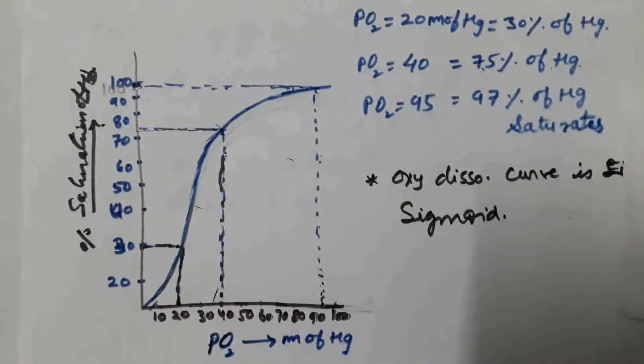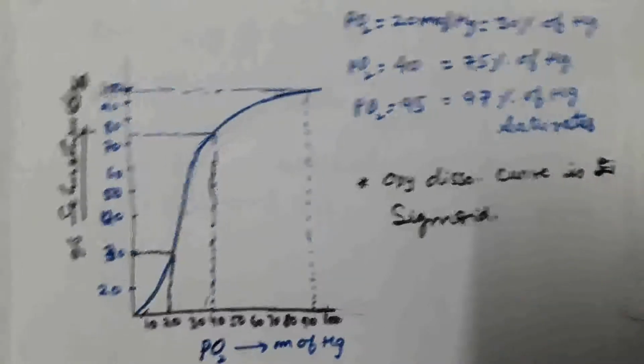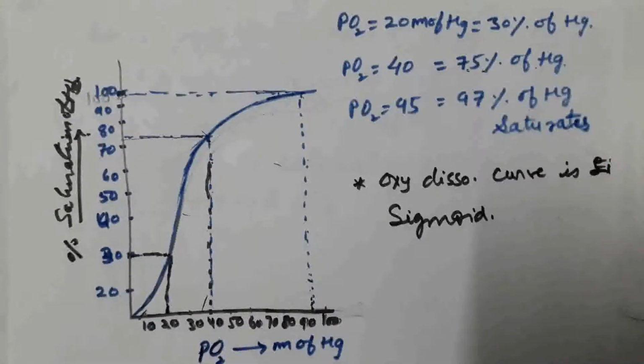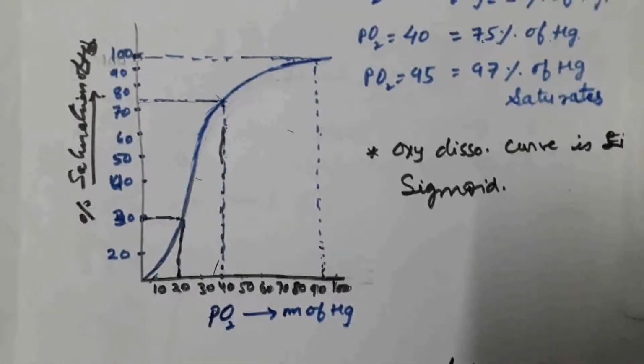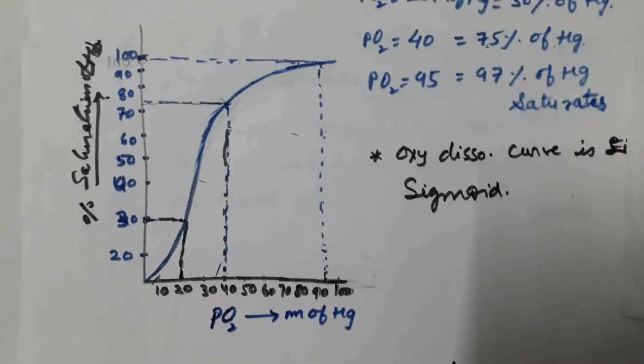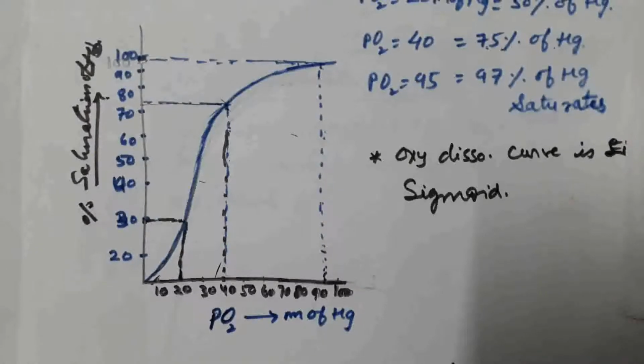There are certain factors which affect this oxygen dissociation curve. The first factor is carbon dioxide concentration, or partial pressure of CO2. In bookish language, with an increase in partial pressure of carbon dioxide, the oxygen dissociation curve bends towards the right. What is the meaning of this?